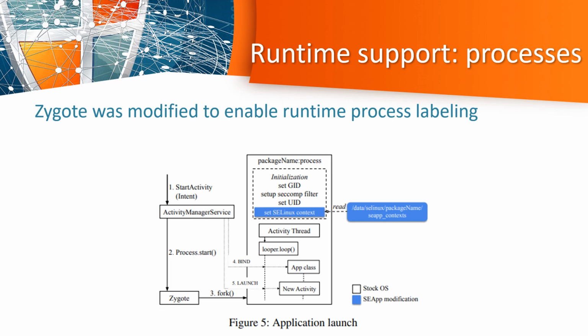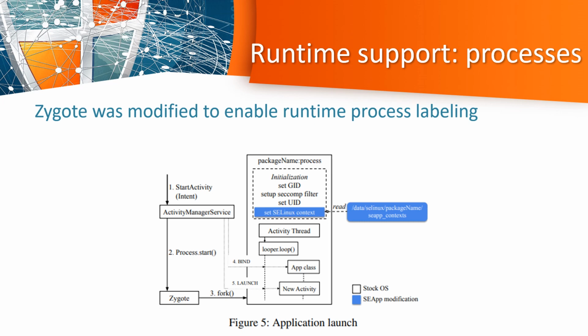The developer adopted the final configuration step, forcing Zygote to set the security context based on the SEApp context located in data SELinux, package name. The process name is used to assign the proper context to the process when it starts, before the logic of the process kicks in.